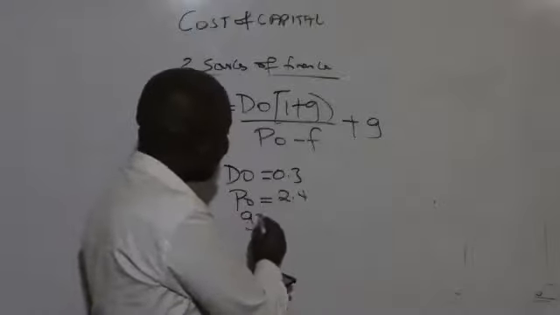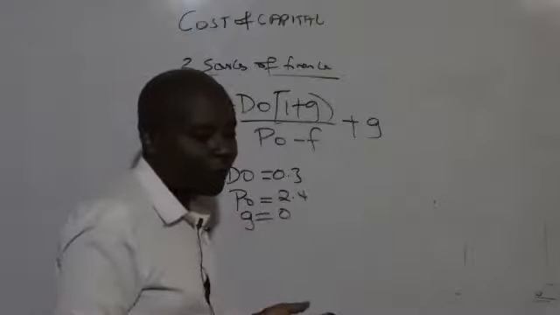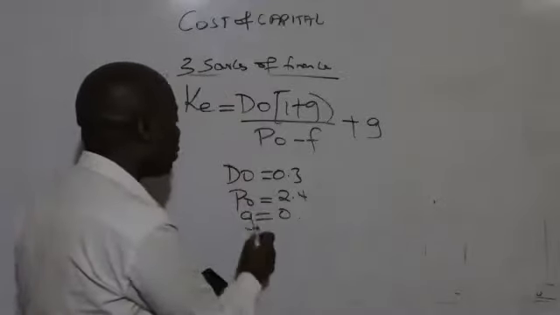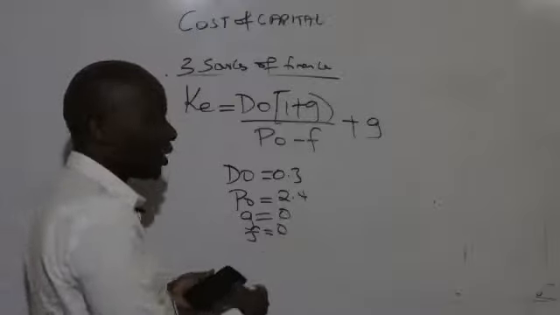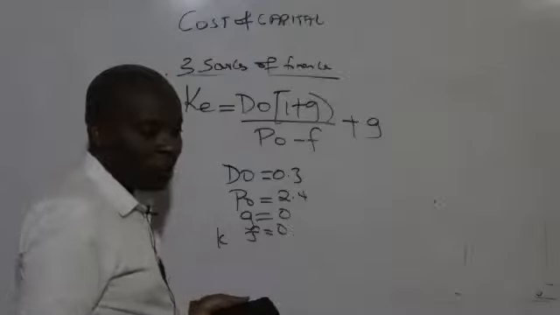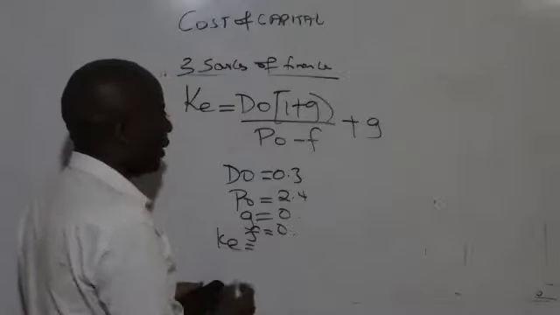They have not mentioned anything to do with growth rate, and nothing to do with the flotation cost. Flotation cost is 0. So they want us to give them the cost of equity.